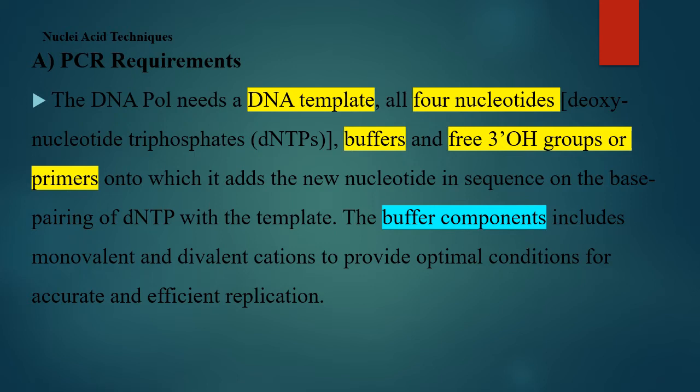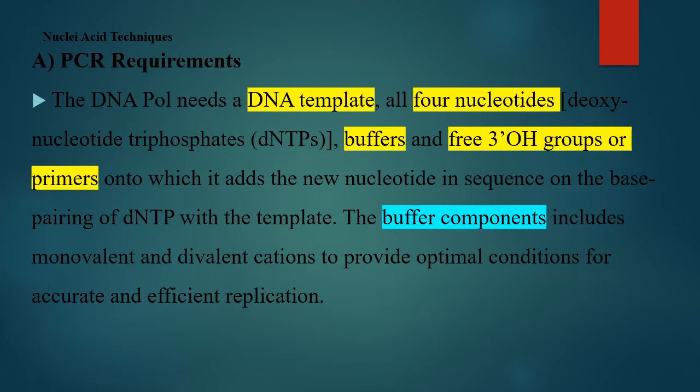Now, the components of the buffer can be either monovalent or divalent cations, which will provide the optimal conditions for accurate and efficient replication. That's the use of the buffer. So your requirements again: you need a DNA polymerase and then a template.